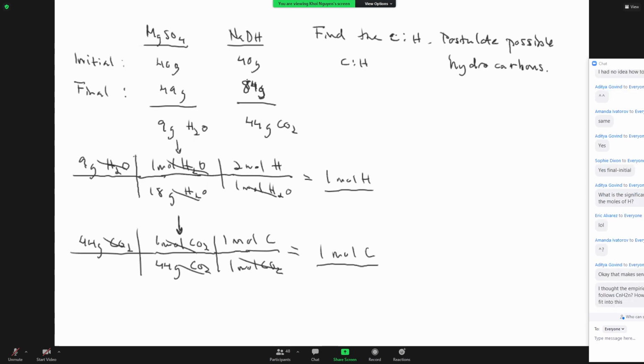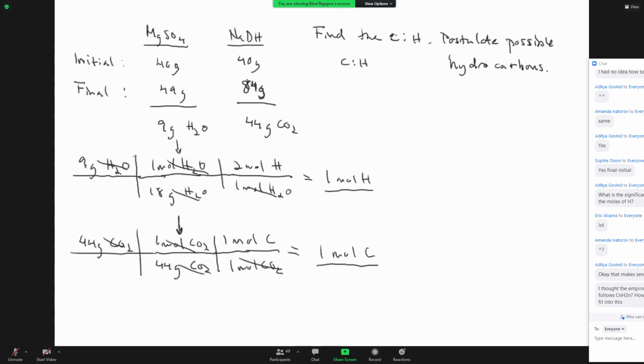Because in order to figure out what the C to H ratio is, typically most hydrocarbons are CnH2n, but not always the case. No, you can't do it just from that, because like I said, you have to go one step further to figure out the moles of hydrogen and the moles of carbon.